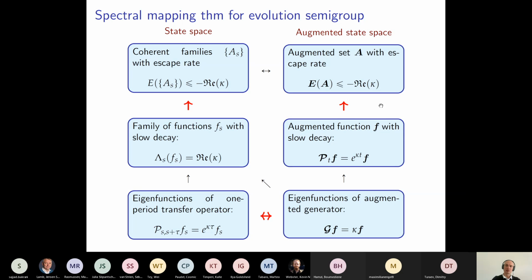But just as well, we could stay on the augmented and thus the autonomous side of things, going to transfer operators on space-time, giving us low escape rate augmented sets. So these would be sausages, which we can then interpret as families of coherent sets in state space.